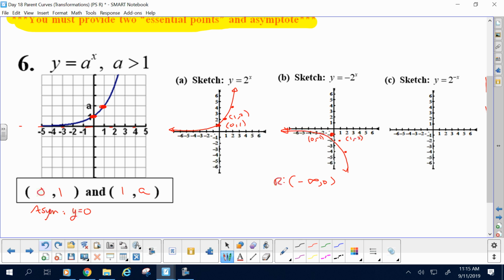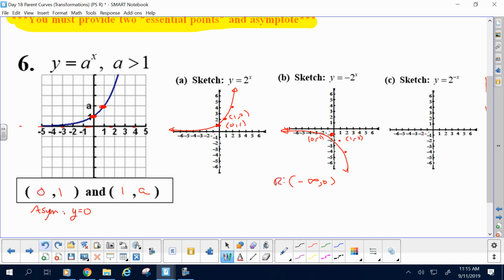All right. In C, there's a negative causing reflection, but this time it's on the x. If you change the sign of x, that changes it side to side. That makes sense. X is a side to side kind of thing. So if I reflect side to side, then give me some points on 2 to the negative x. 0, 1. Let's go with the easy one.